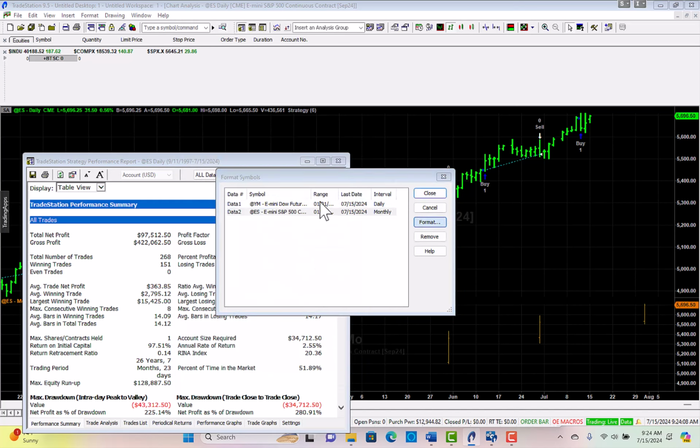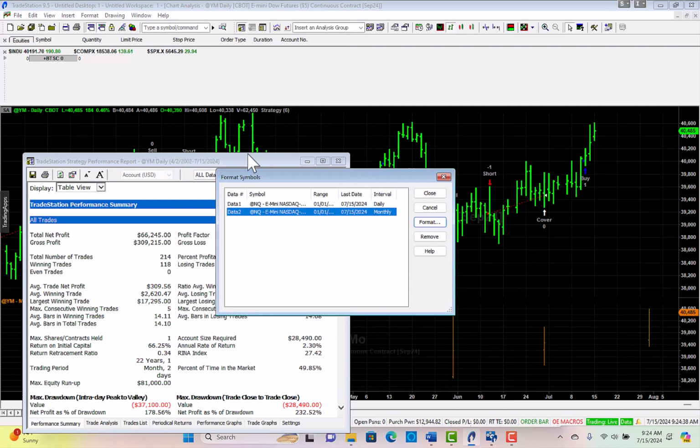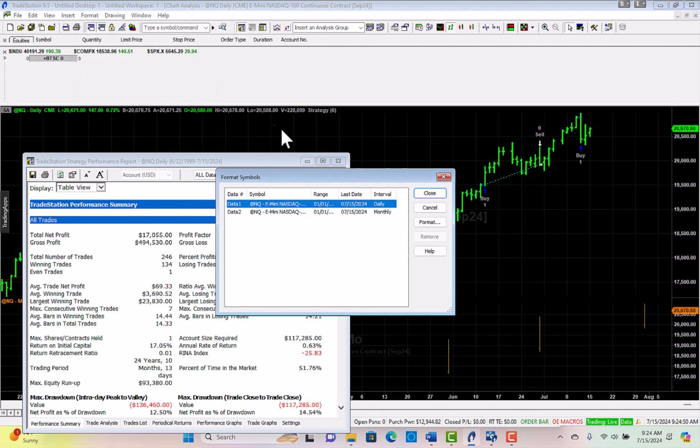NASDAQ. Not too good in the NASDAQ. Still a bit of a bias.